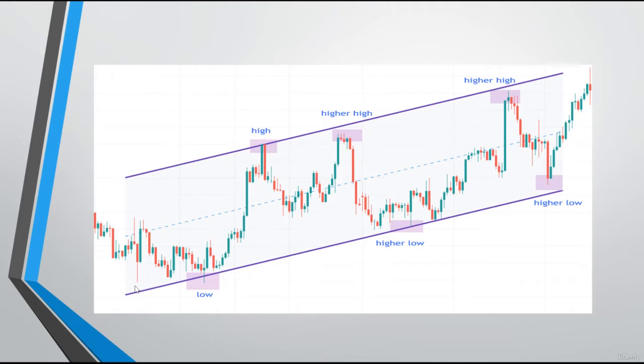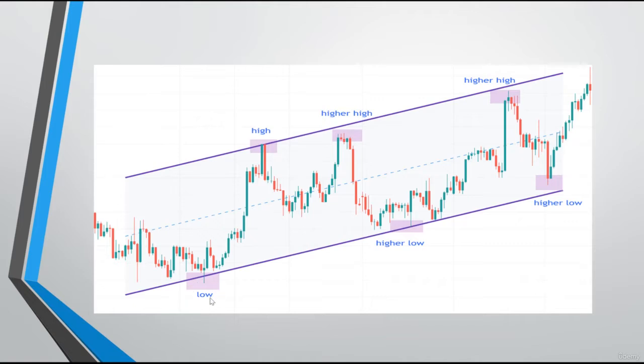So from the left side, if you can see the price here, we had a kind of bearish or downtrend. I mean, the price is decreasing, so it has made a low.